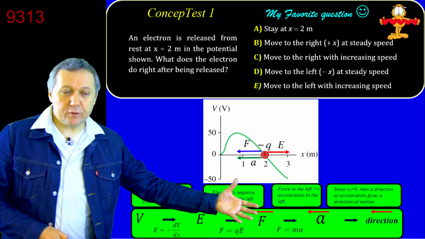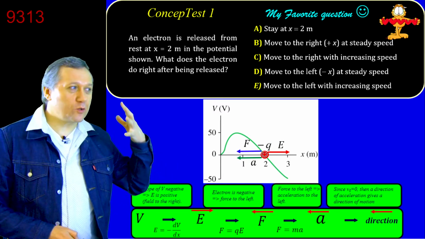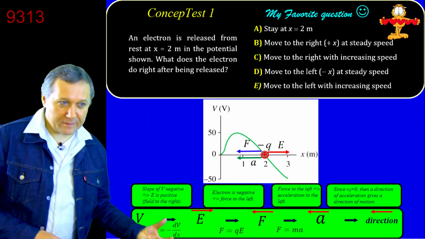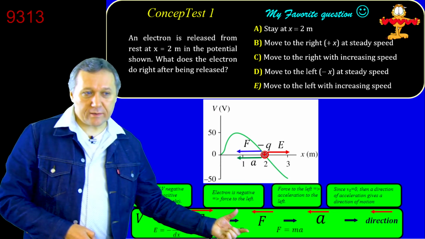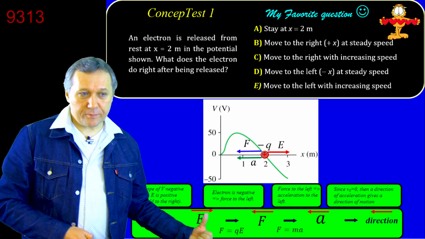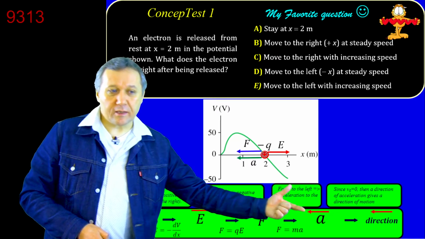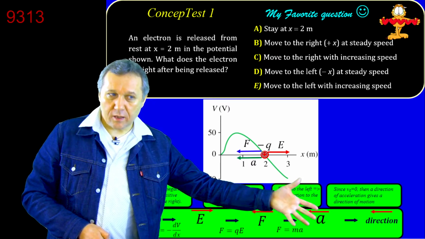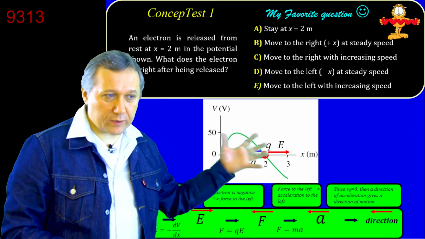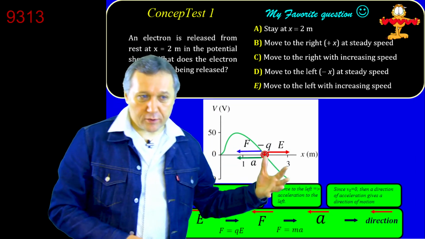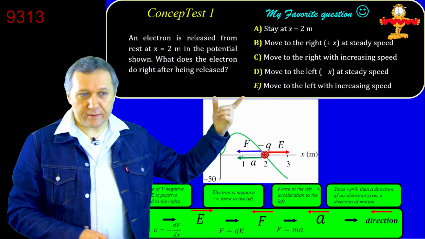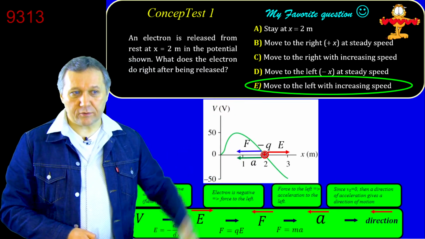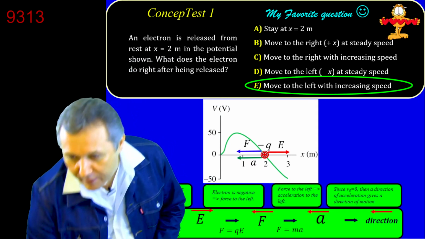Our acceleration is going to be non-zero, right? Because the slope is not zero, then as a result, electric field is not zero, electric force is not zero, acceleration is not zero. It means that electron is going to travel to the left with acceleration. It means that with increasing speed. So as a result, the answer is option E. So it travels to the left with increasing speed.